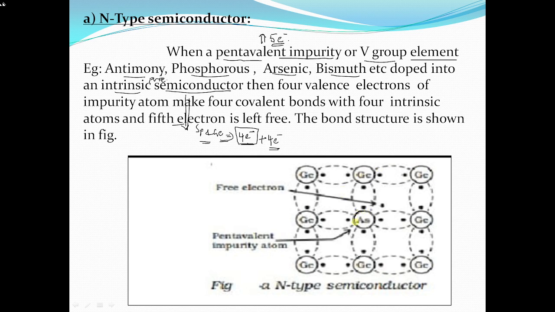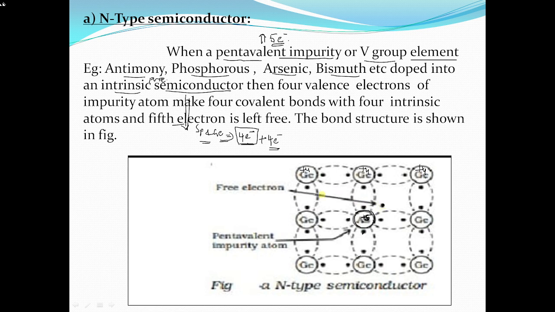Now it is doped with a fifth group element, arsenic. All these are plus 4, tetravalent, and the dopant has 5 valency electrons. Of these 5, 4 valency electrons go for sharing and the fifth electron is left free.